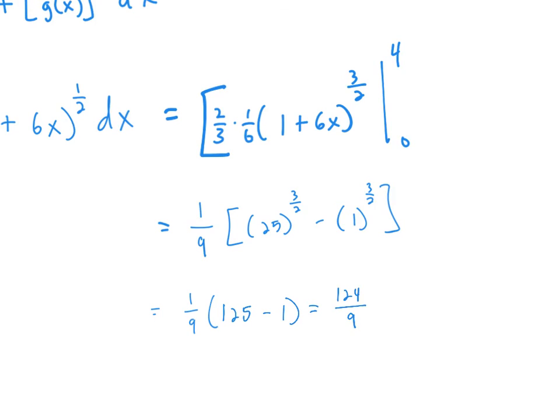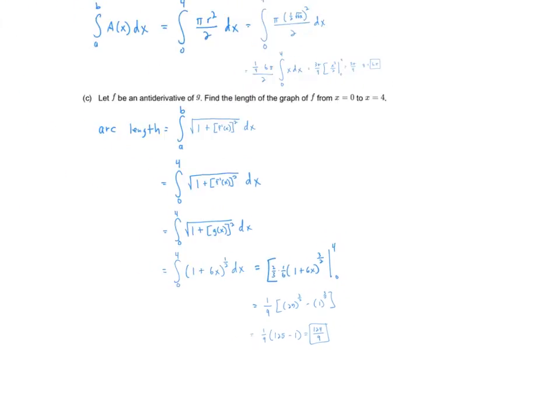So 124 over 9. They don't give any units, do they? Yeah, no. Okay. All right, so that's it. Okay, let me make sure that's right. Yeah, okay. That's everything.